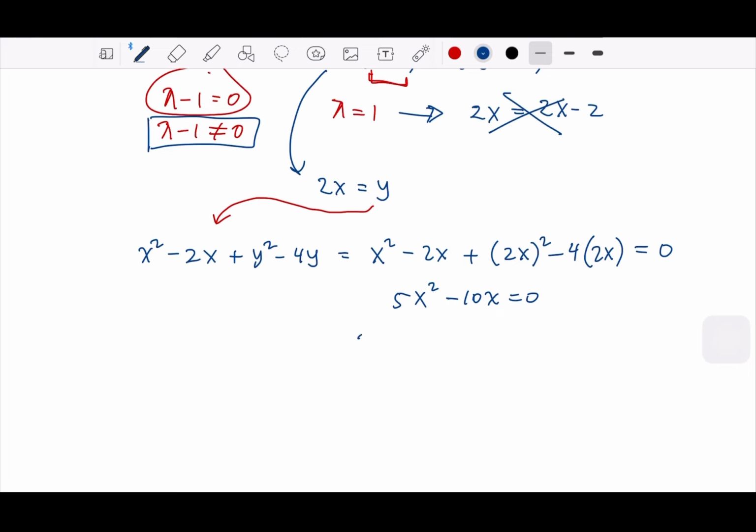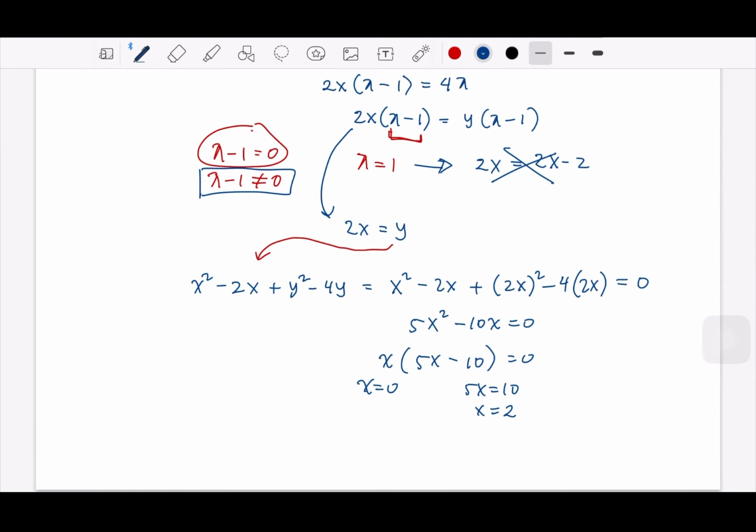And we might have 5x(x minus 2). So x equals 0 and 5x equals 10, or x equal 2. So we have two critical points, (0, 0) and (2, 4).